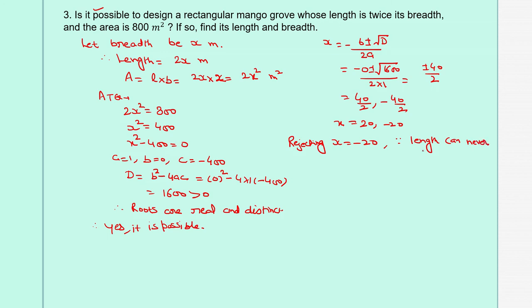Hence, we get length is 2x, that means 2 into 20, 40 meters, and breadth is x, that is 20 meters. I hope you will be able to do questions based upon the nature of roots now. With this, our chapter Quadratic Equations is finished, and you will solve the examples before exercise 4.4. Thank you.